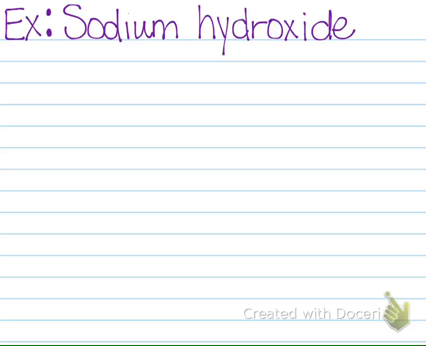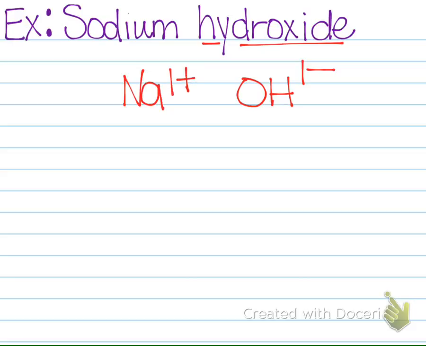Okay, so again, hydroxide is one of the exceptions to the rule. We look that up. It's an OH with a 1- charge. And then you have sodium, which is in the first column. It has a 1+ charge. There's no reducing here, right? We're just going to cross away.